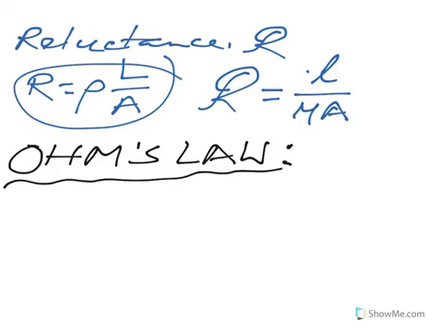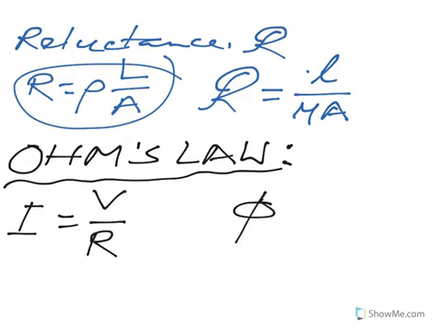This leads us from the electrical circuit Ohm's law to the magnetic circuit Ohm's law. In an electrical circuit Ohm's law, the current is equal to voltage divided by resistance. Similar to that, in the magnetic circuit, the flux, which is similar to the current, is equal to the magnetic motive force divided by the reluctance.